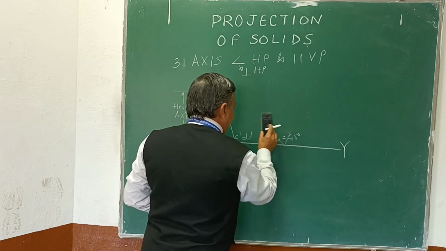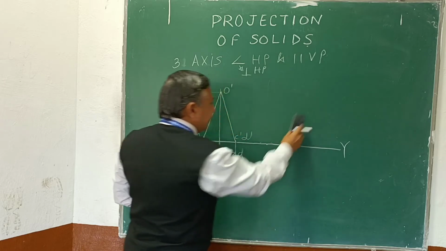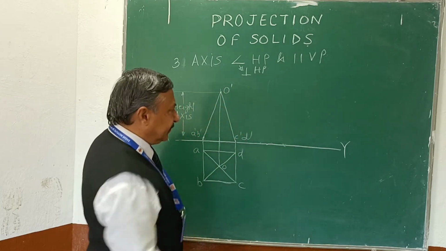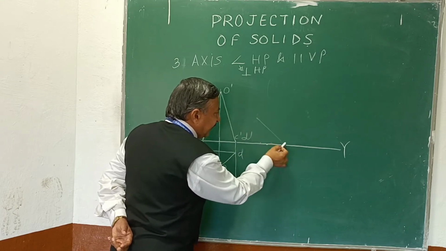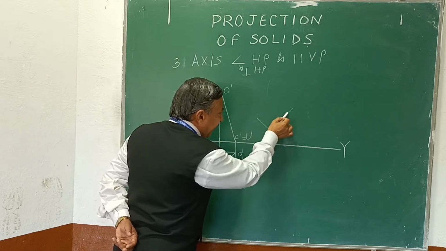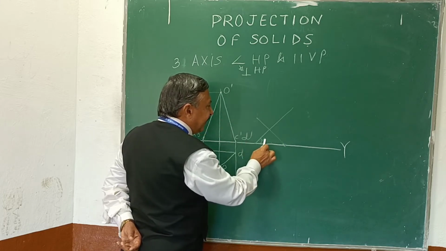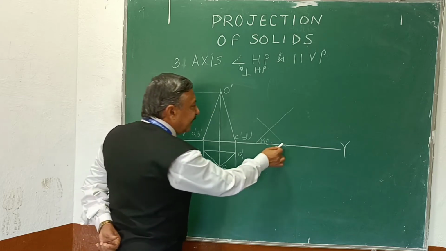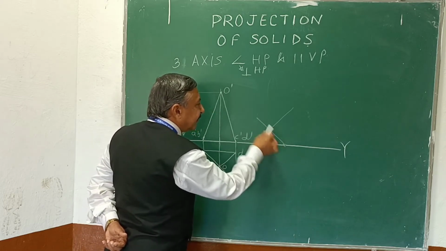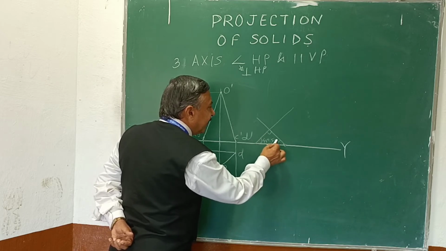Now see here how we draw this position. This is the base of the pyramid and this is the axis. If the axis inclination is 45 degree, what is the inclination of this base? This is 90, so this is 45 degree.